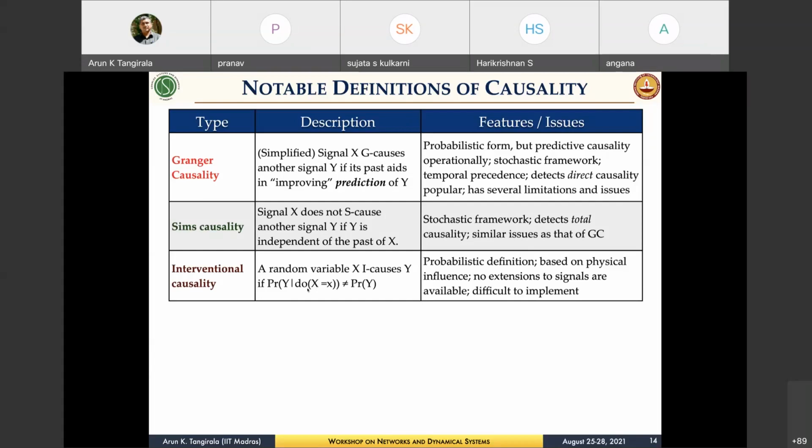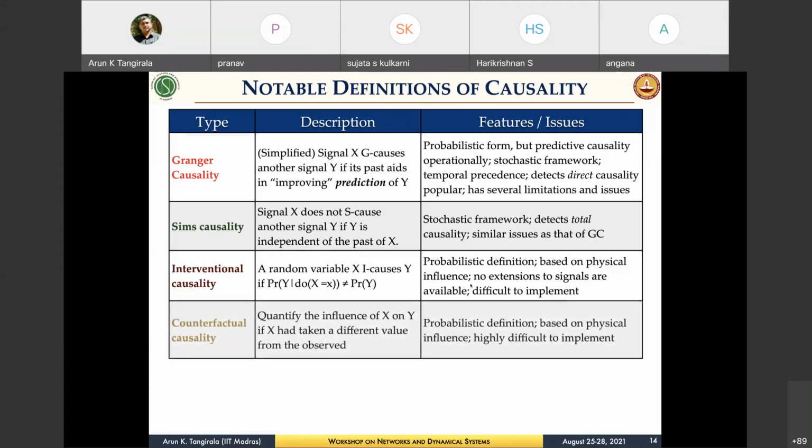Basically, do says you will have to intervene and set the value of the potentially causal variable to some value, and then examine the conditional probability of Y. If the conditional probability of Y given the intervention is not equal to the unconditional probability, then we say, yeah, X causes Y. Again, it is a probabilistic definition. Unfortunately, no extensions to signals are available. You can, but it is very difficult to implement because it requires intervention.